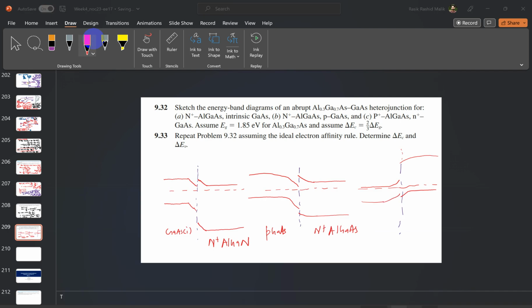And the band diagrams will look like this. This is my N positive gallium arsenide, and then we have the P positive aluminum gallium arsenide. For the N positive and P positive cases, we can draw the Fermi level very close to the conduction band.